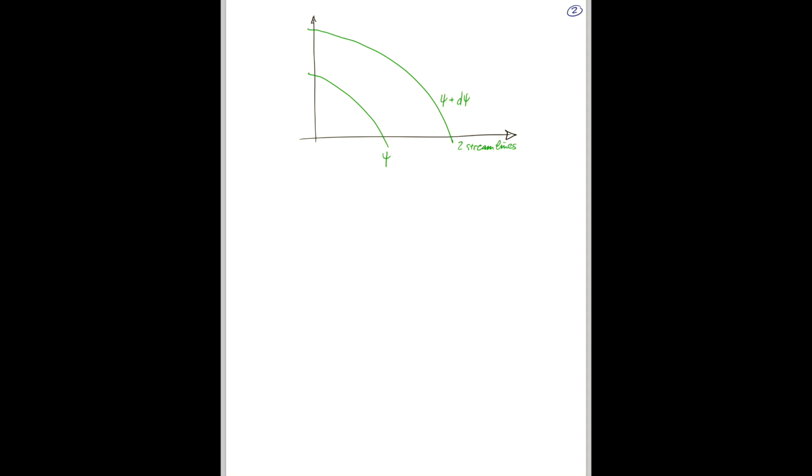Now, if we look at the fluxes here, you might have some flow field, and because of the way streamlines are defined, it will look something like this, because the flow field has to be parallel, tangential, to the streamlines.